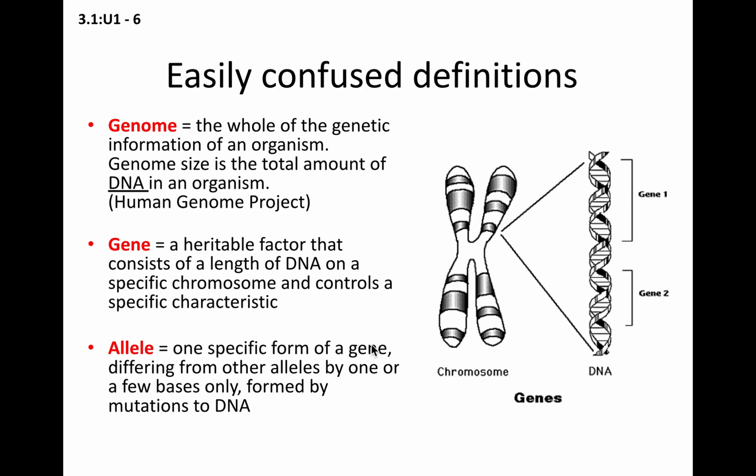Genome is one we're going to use this unit. We haven't really used it before, but the genome is the whole of the genetic information of an organism. We would normally say your genome size is based on the amount of DNA in your body or in an organism specific to that species. For example, the Human Genome Project is an internationally worked on project where we sequenced what each part of our DNA codes for, what gene they code for.